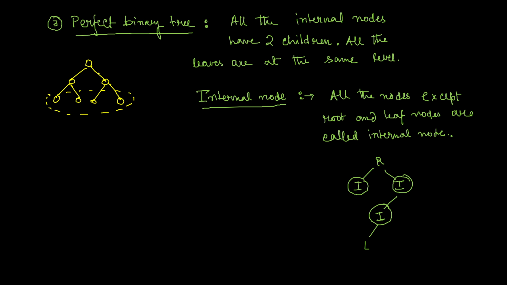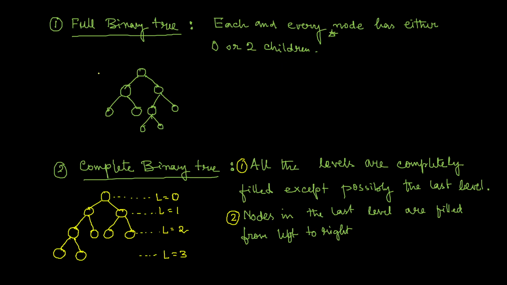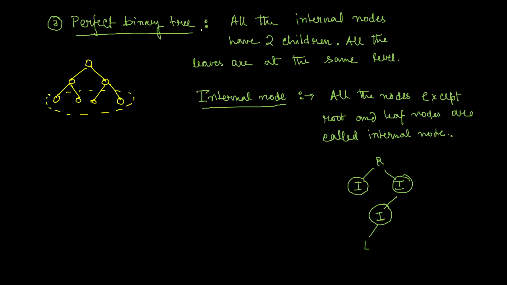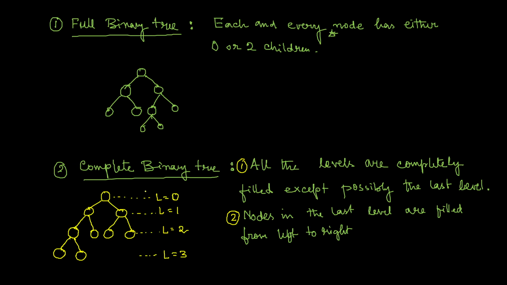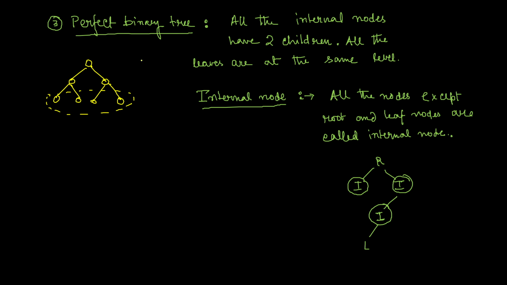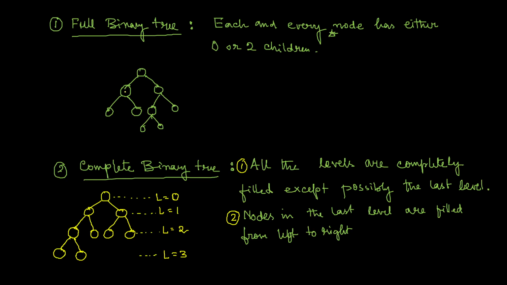So from these three different types of binary tree, if we want to make a relation between them, you see, this perfect binary tree is a complete binary tree also, right? Because all the levels, possibly the last level, are filled up. It is not saying that the last level will never fill up. It is saying possibly the last level.